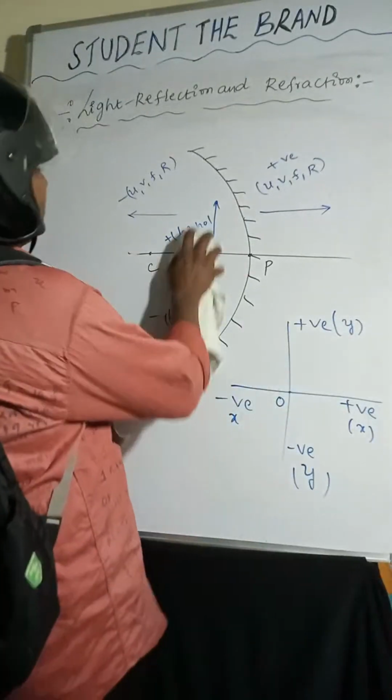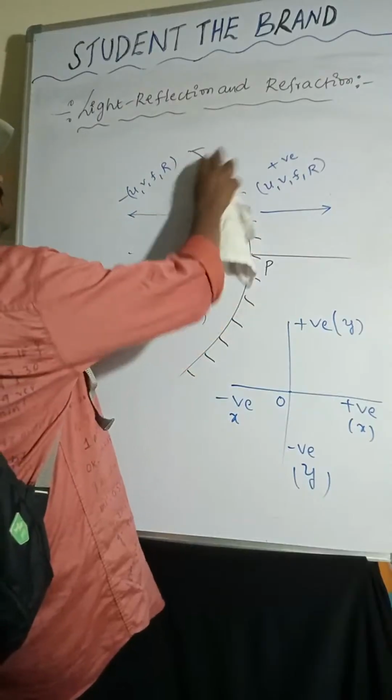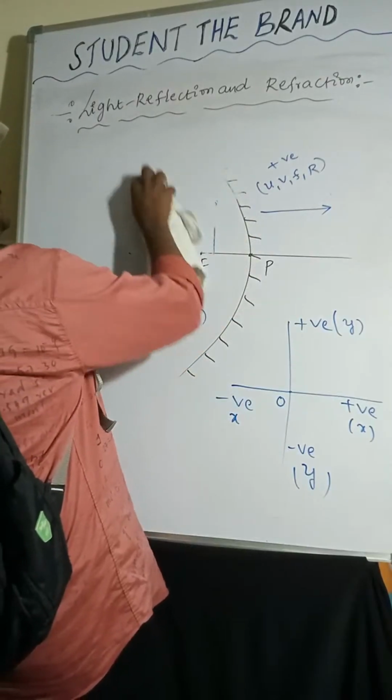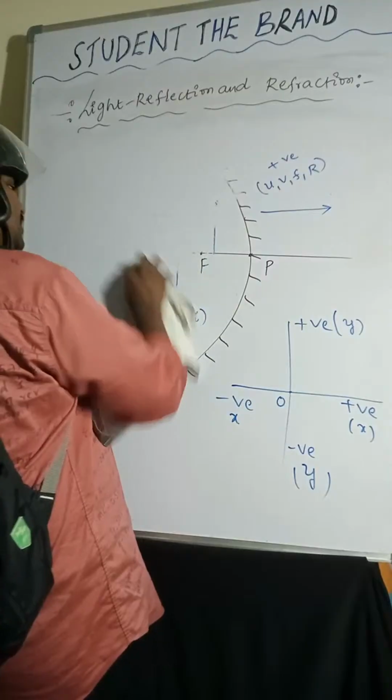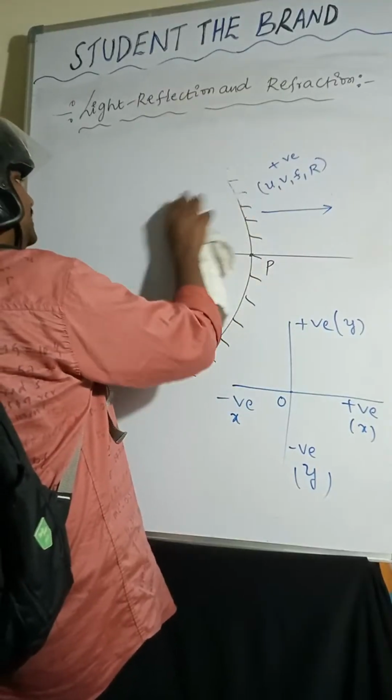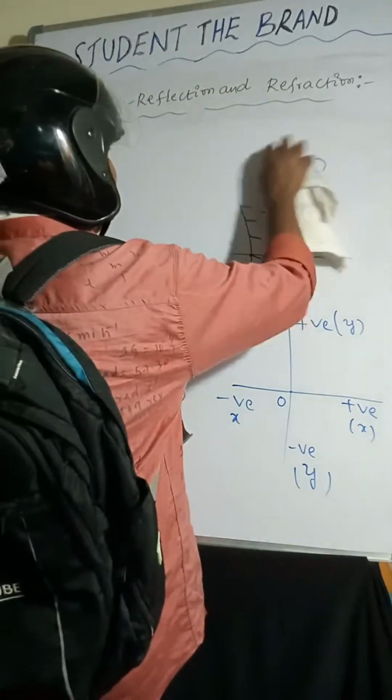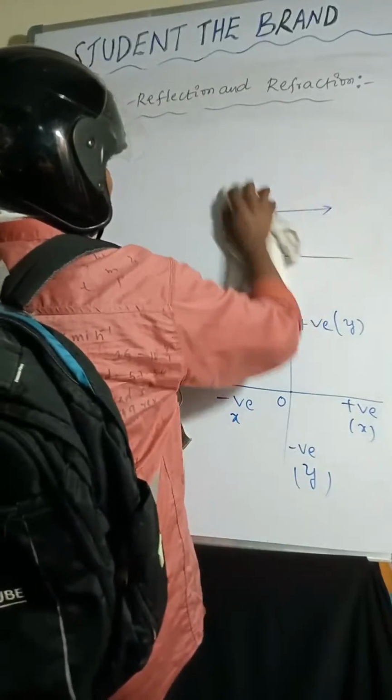Next one we will discuss about the mirror formula and magnification. Related problems are there, so problems related to mirror magnification we need to discuss. We will discuss those points.